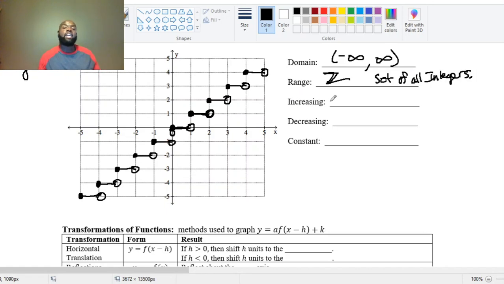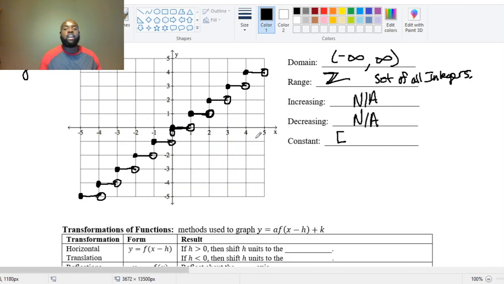This function is not increasing, this function is not decreasing, and it is constant at various areas here. So increasing and decreasing are not applicable. But it is constant, and I'm going to write this in this manner here. It is constant on intervals from, for instance, 0 to 1, right?